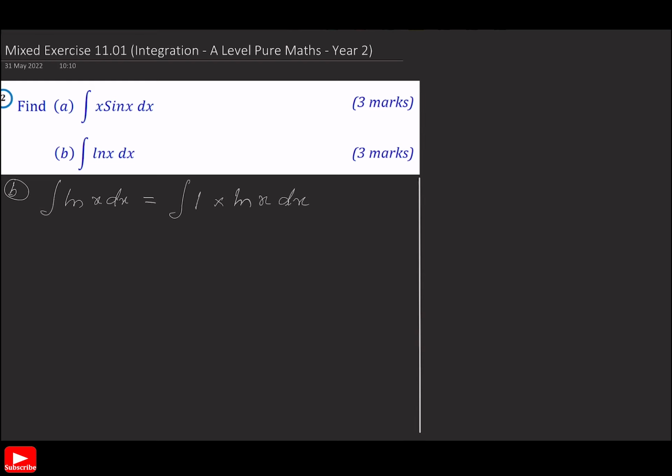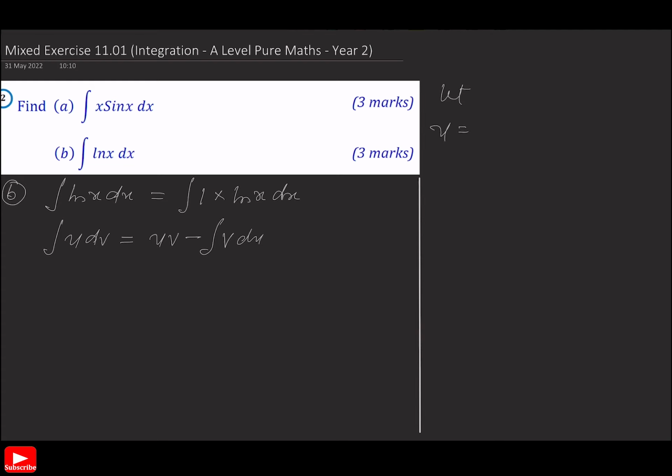We can then use the formula for integration by parts, which is given by the integration of u dv equals uv minus integration of v du. So we will let, in this case, u be equal to ln x, because we can differentiate that easily. And so dv will be equal to 1 dx.